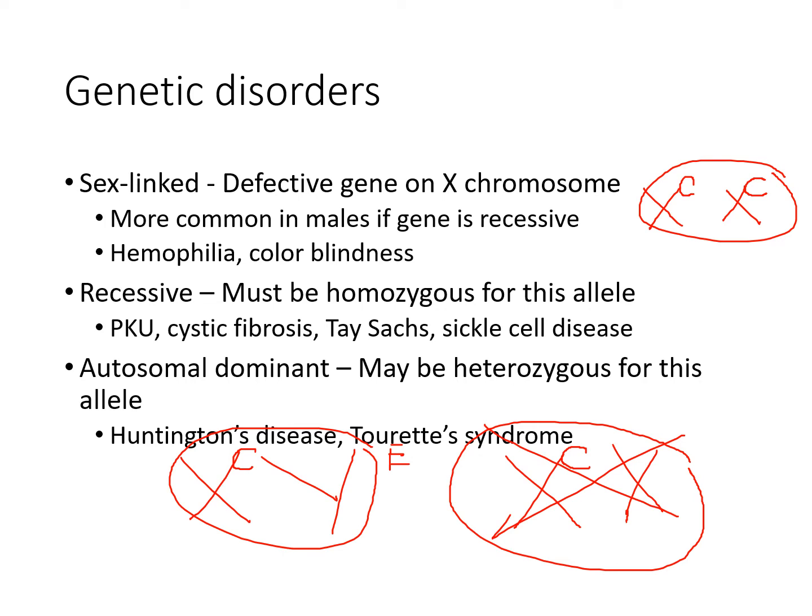Let's take a look at another concept related to genetic disorders, and that's the concept of recessiveness. And so what we see is that this must be homozygous for this allele to be expressed. So some examples of this are PKU, cystic fibrosis, Tay-Sachs, and sickle cell disease.